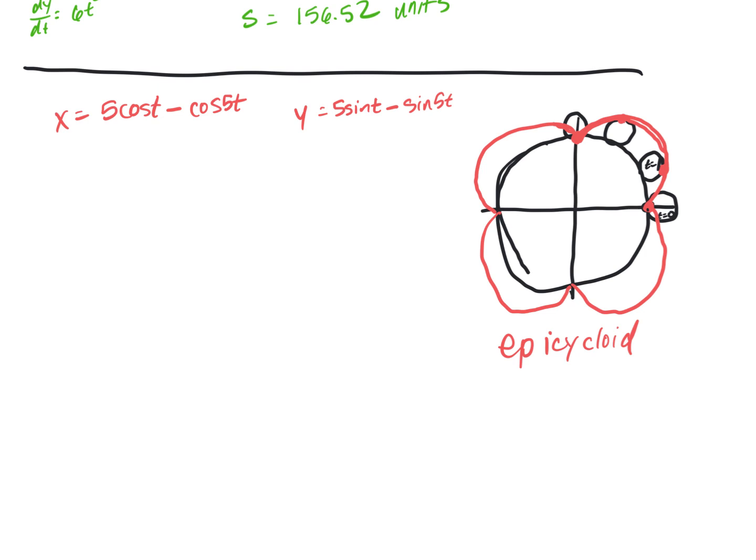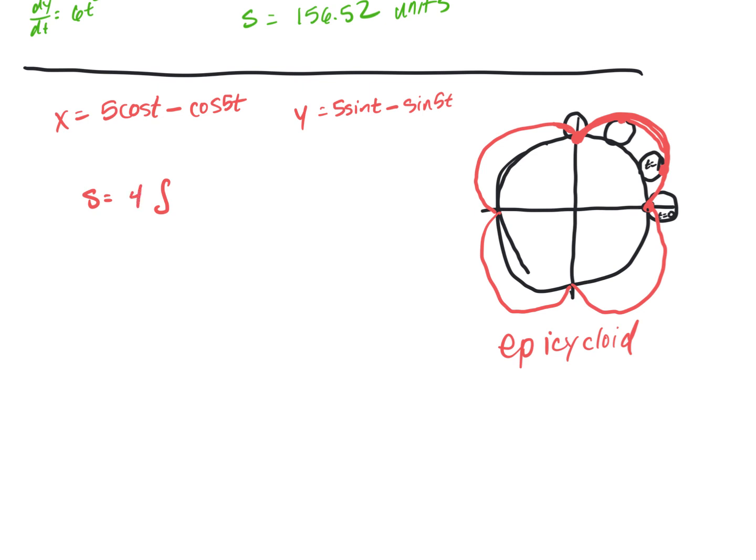It's a cusp. Is everybody with me? Okay. So to find the arc length of the whole thing, we're going to find just this arc length and then multiply it by 4.